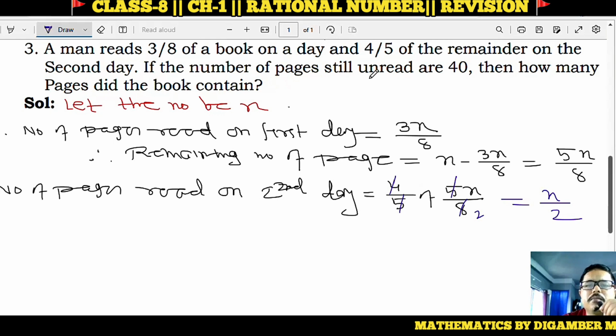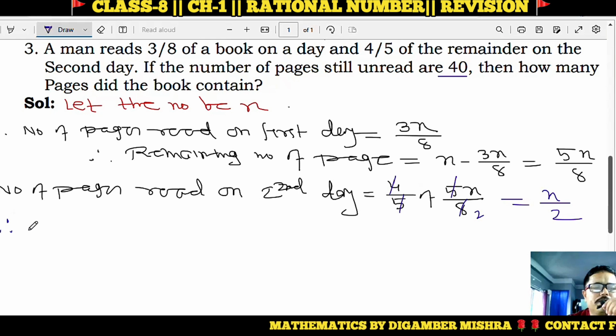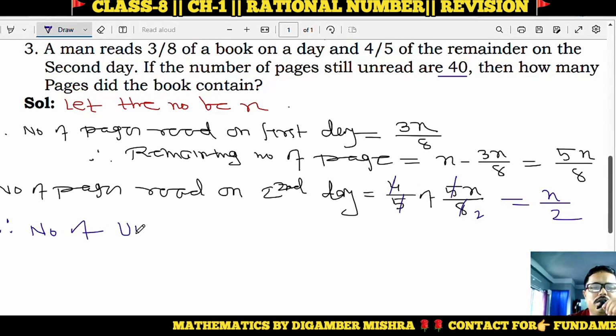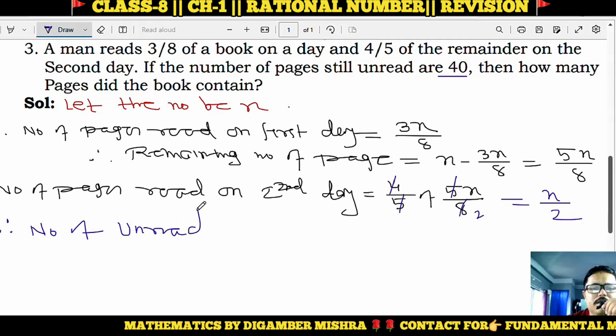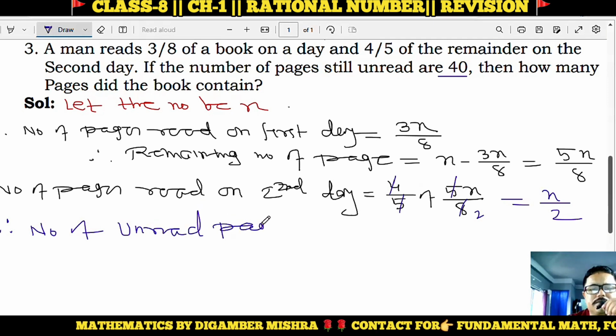And now the number of pages still unread is given as 40. So we have to find the number of unread pages.